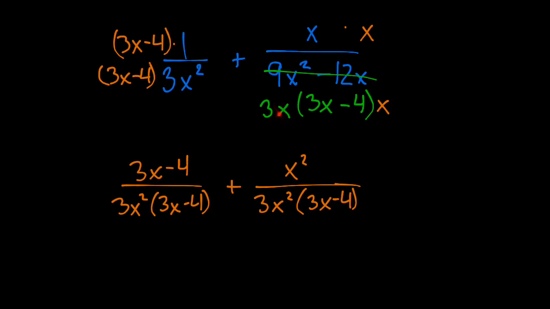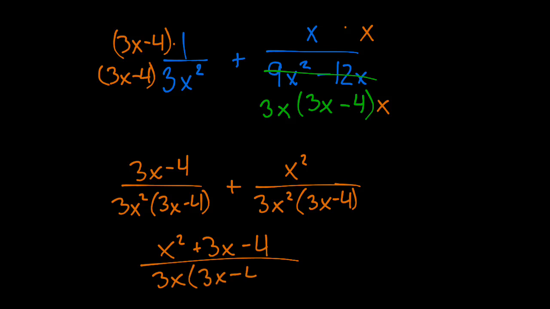The x here multiplies with the x there to make x squared. So our denominators match. We can add across the top, and we would have x squared plus 3x minus 4, rearranging the top just a little bit, over 3x squared times 3x minus 4.